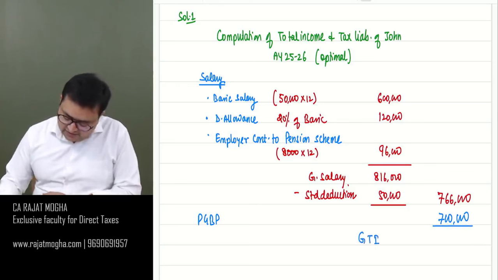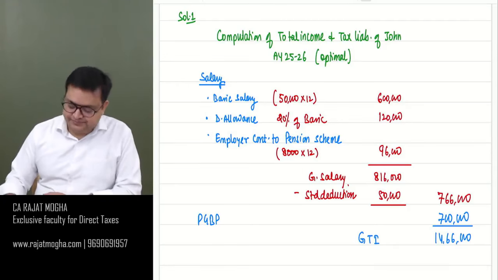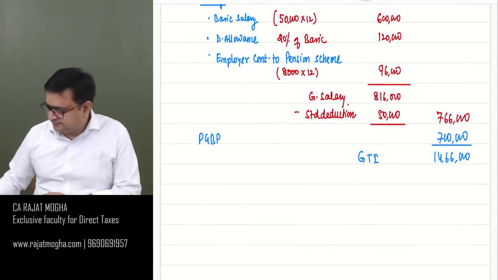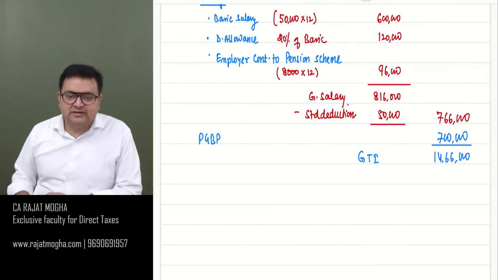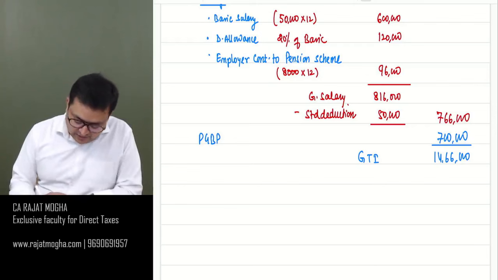So gross total income is 14 lakh 66,000. Now less: deductions under chapter 6A.